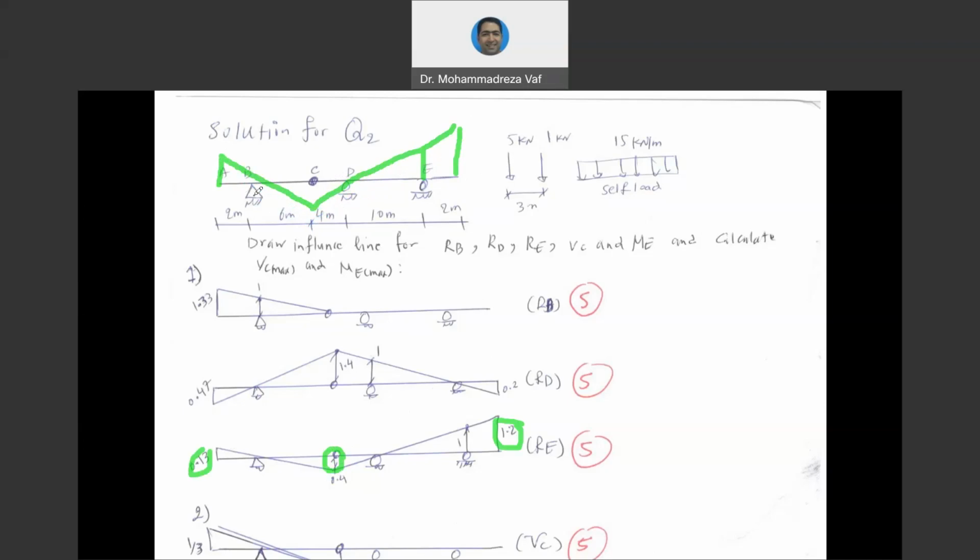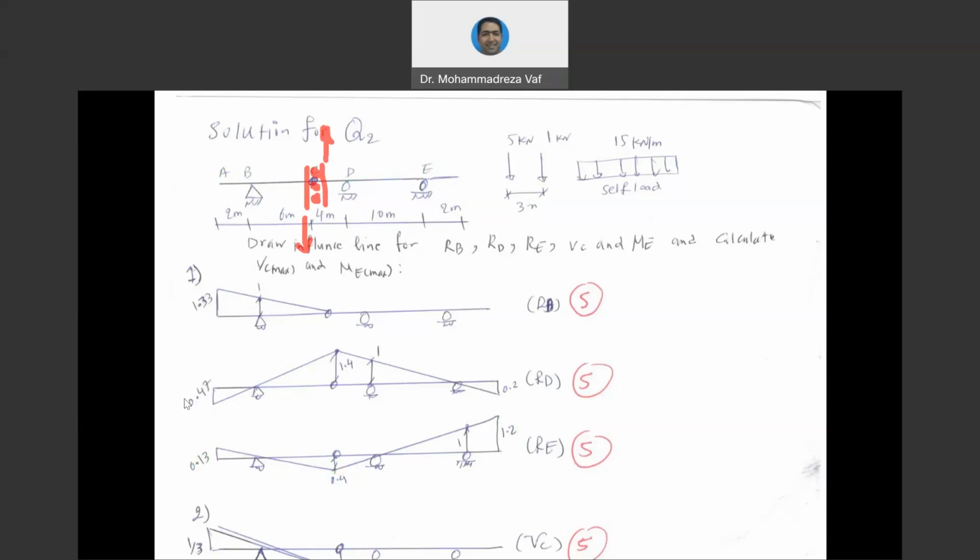Now we have already obtained the influence line for support reactions. Our next task is to get the influence line for shear force at point C. According to what we said in the class, when it comes to a shear force influence line, we need to have one internal roller at that point and impose a unit displacement such that the left side of that roller goes down and the right side goes up.